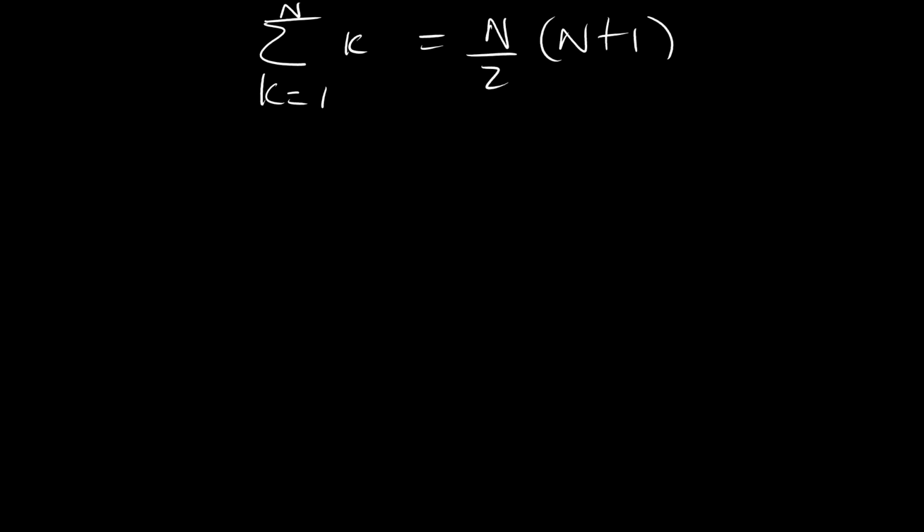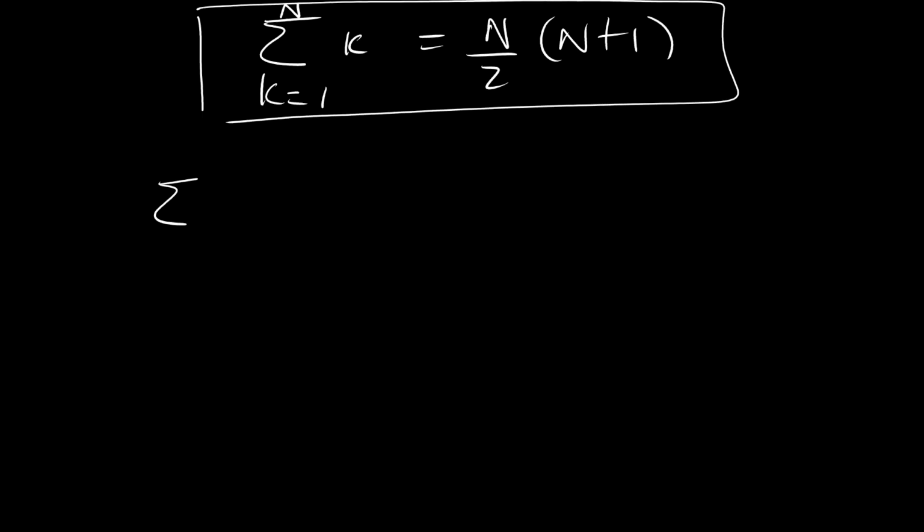So why have we decided to express it that way? It's because if you look at an arithmetic progression from k equals 1 to k equals n of k, that's the same as n over 2 times n plus 1. So we've used this formula.